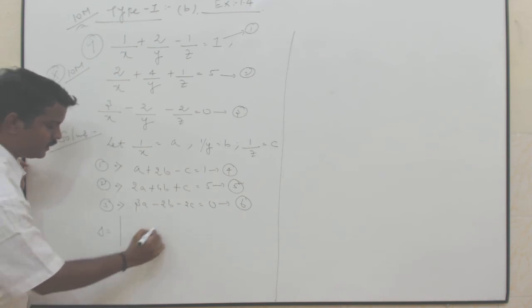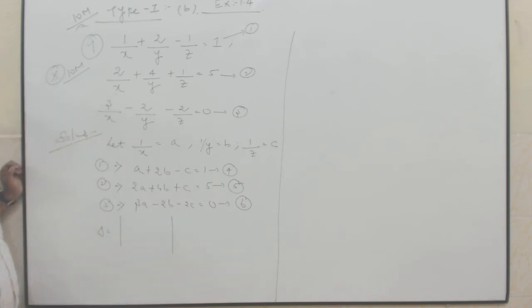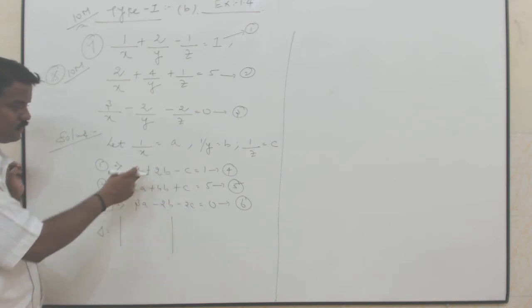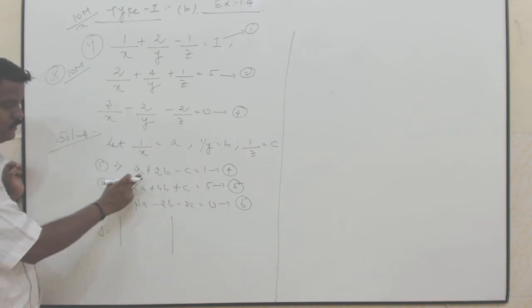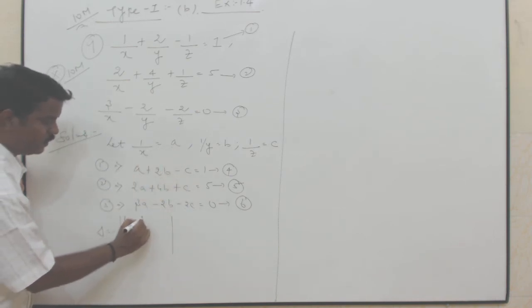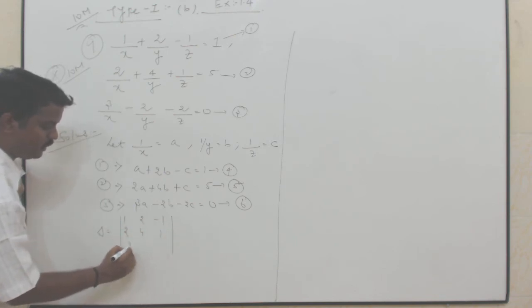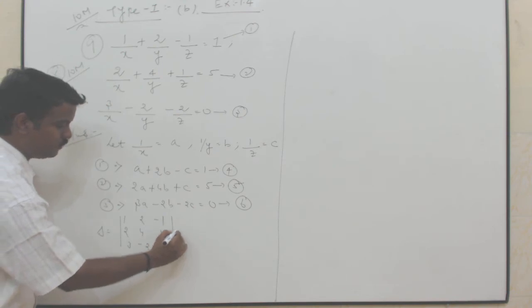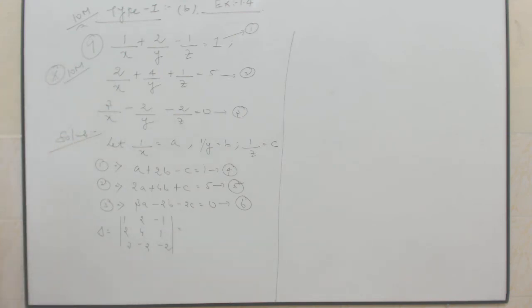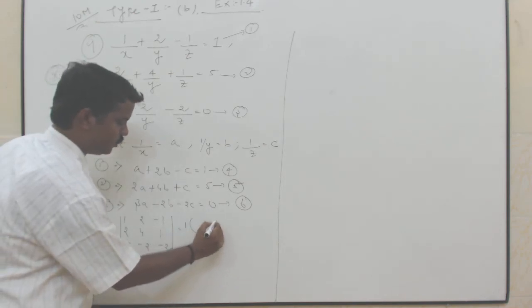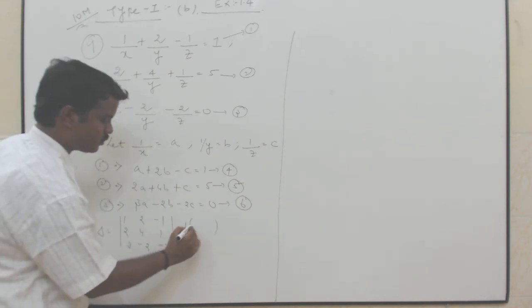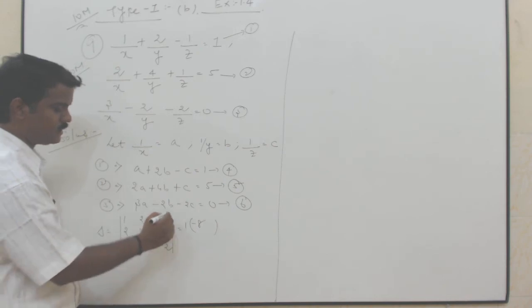First find out what is delta. Determinant of, write down the coefficients of equations 4, 5 and 6. Write the coefficients of a, b, c. 1, 2, minus 1, 2, 4, plus 1, 3, minus 2, minus 2. Which is 1 into, expand, 4 into minus 2 is minus 8 plus 2.